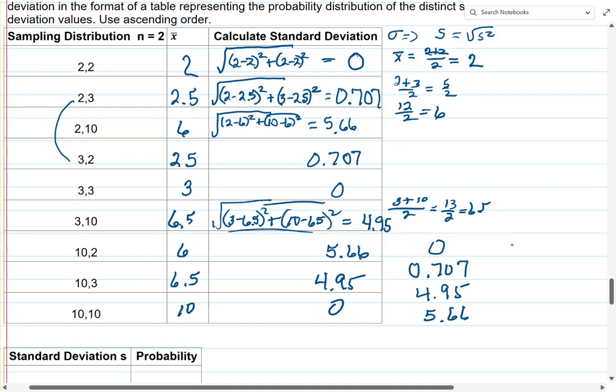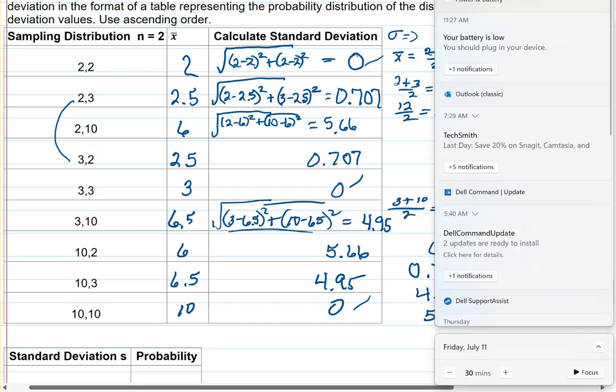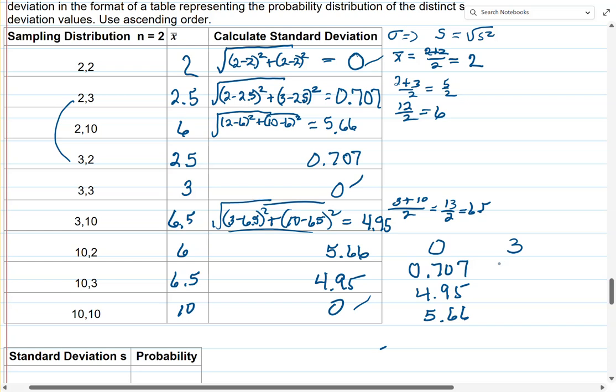Okay, on the zeros, I have 1, 2, 3. On the 0.707s, I have 2. On the 4.95s, I have 2. And on the 5.66s, I have 2. And I have 9 elements. All right. So I'm good there.